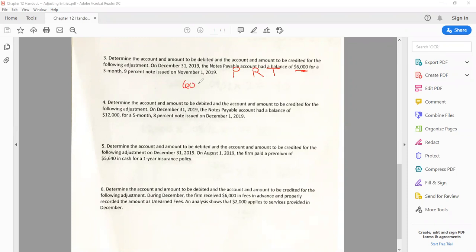So we're going to have $6,000 as principal. Our interest rate is 9%. So remember, I always take that and divide by 12 to convert it to a per month interest rate. And then our time period here is going to be November 1st through December 31st. So that's going to be 2 months. So multiply this by 2. So when you do that, you're going to get right at $90 of interest that we owe for 2 months.